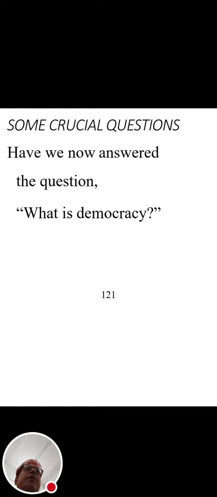Now, at the end, before closing the chapter, Robert Dahl discusses some crucial questions related to these 5 criteria, which are also very relevant. So Robert Dahl says, have we now answered the question, what is democracy?